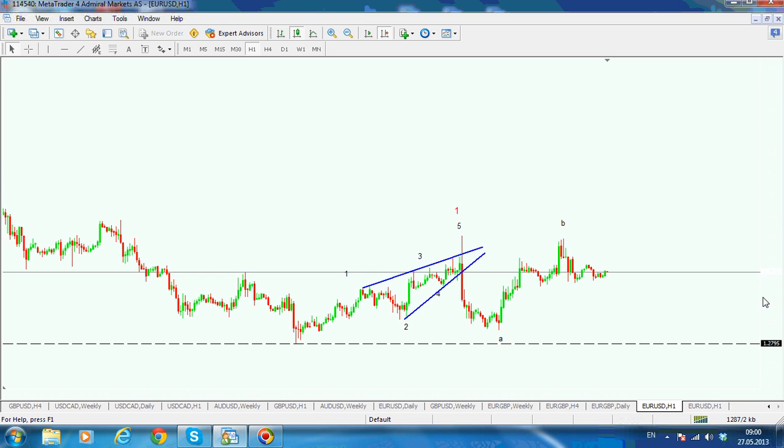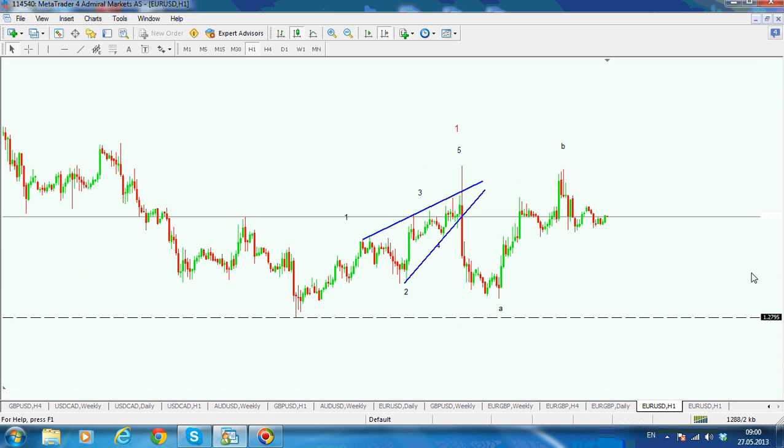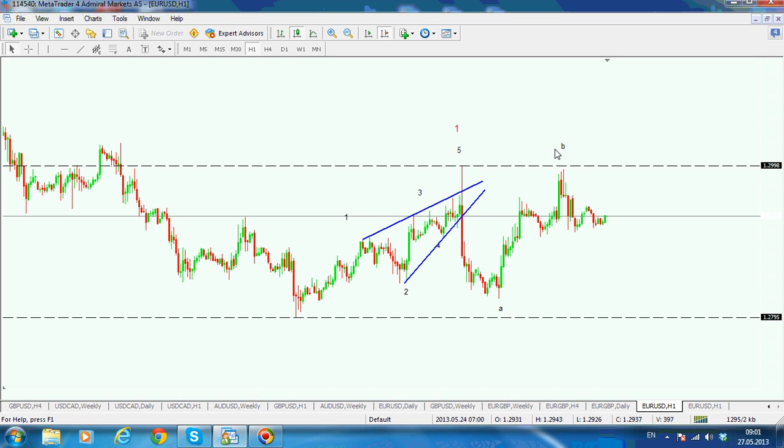And if you give a little bit of a zoom to the market, let's mark also the top here. Then I would say that this is of a lower degree.